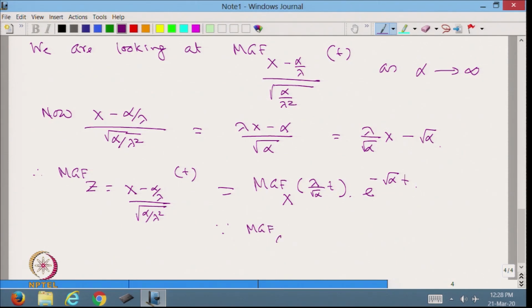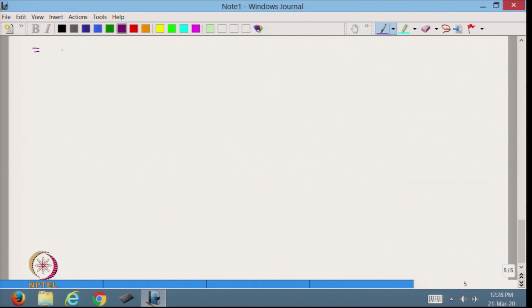Since the MGF of ax plus b at t is equal to e to the power bt into the MGF of x at at, by applying this we get e to the power minus root alpha t multiplied by (1 minus lambda t upon root alpha lambda) to the power minus alpha.